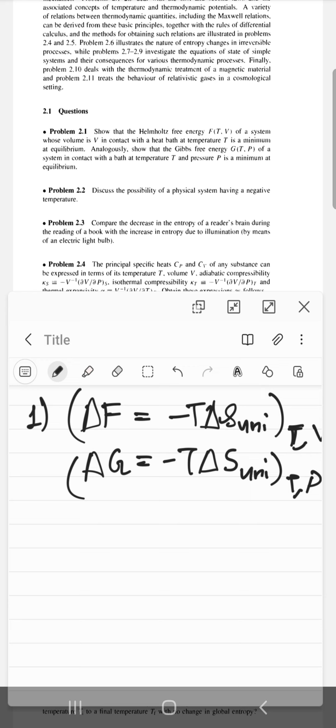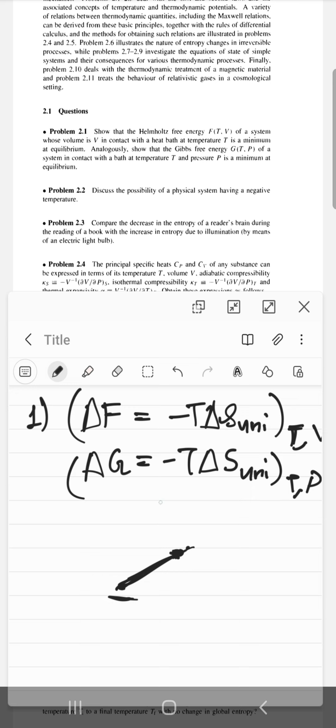If there is another state, so this is your current state and there's another state at the same temperature and volume, and there is a path with the same temperature and volume connecting these two, a quasi-static path that we can use, then the issue is the delta S universe for this path. So delta F is going to be positive.